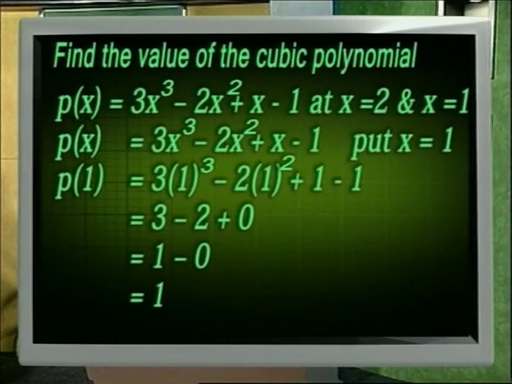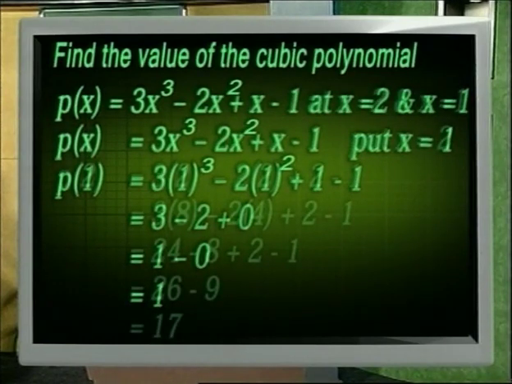So p(1) equals 3 multiplied by (1 cube) minus 2(1 square) plus 1 minus 1, which gives you 3 multiplied by cube of 1, which is 1, minus 2 multiplied by square of 1, which is 1, plus 0 equals 3 minus 2, which gives you 1. So the value of p(1) is equal to 1.